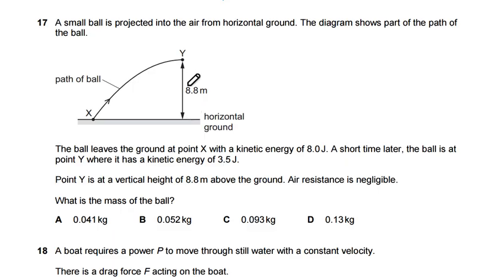Here h is unknown, g is constant, so by knowing how much kinetic energy converted to GPE, we can divide this GPE by m times g and find h. So we have here 8 minus 3.5, the remaining kinetic energy at Y, divided by 0.8 times 9.81.